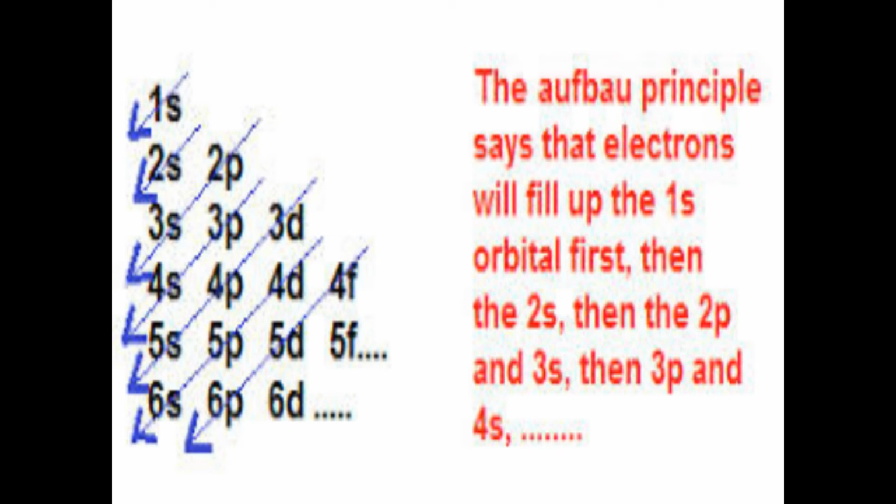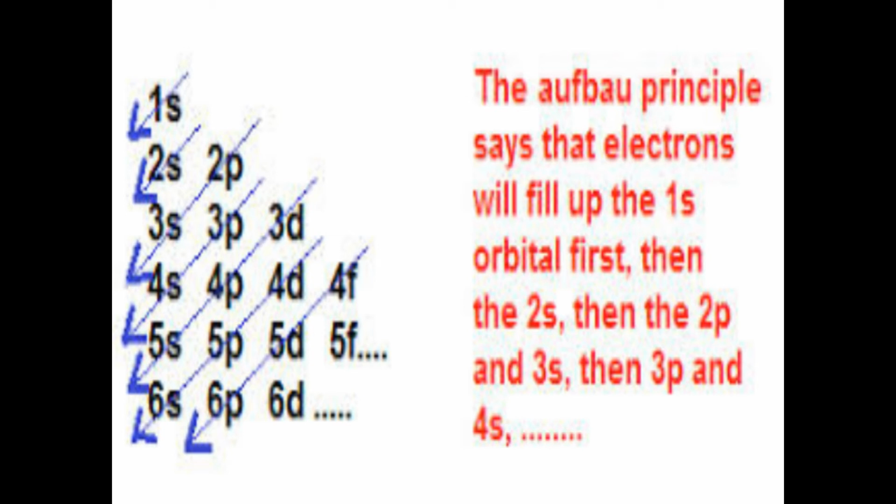Then we see the first shell has only one subshell, and that is S. The second shell has two subshells. The third shell has three subshells, S, P, D, and from the fourth onward, all the orbits have four subshells.